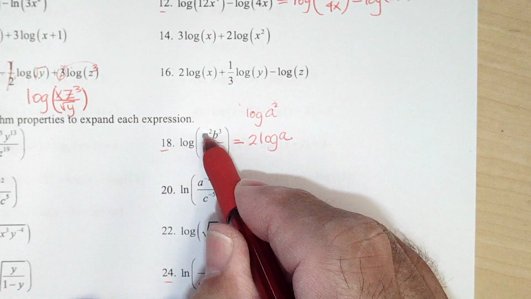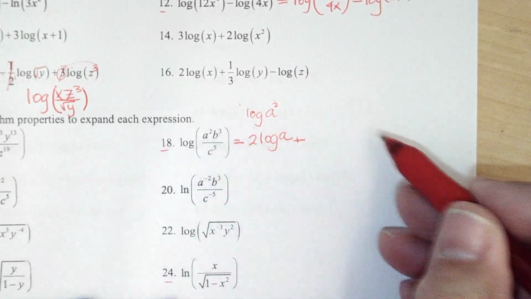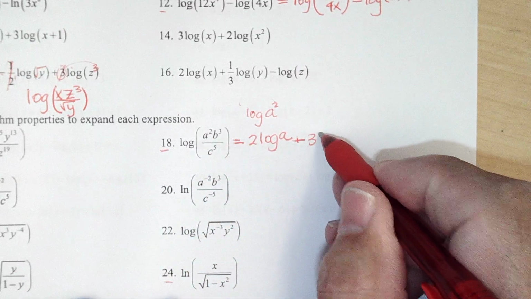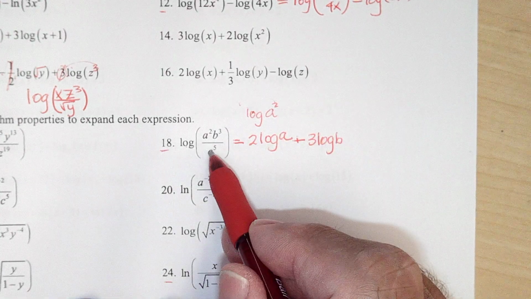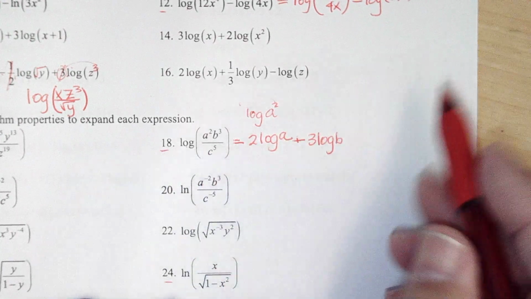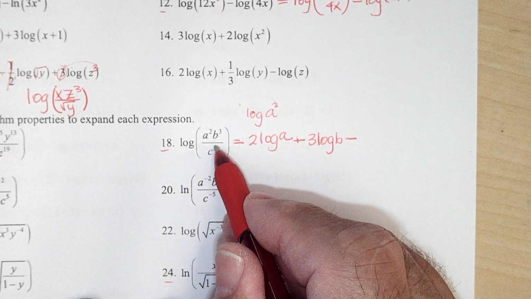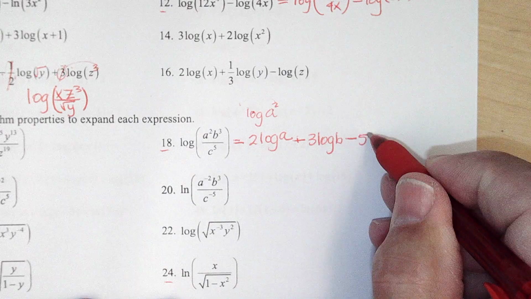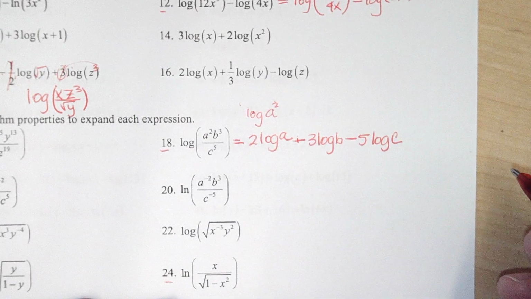And this is times between these two, so plus, and the power is going to come down on the b one, so it's going to be 3 log b. And this one's in the denominator, so it's going to be subtract. And the 5th power comes down, so it's going to be 5 log c.